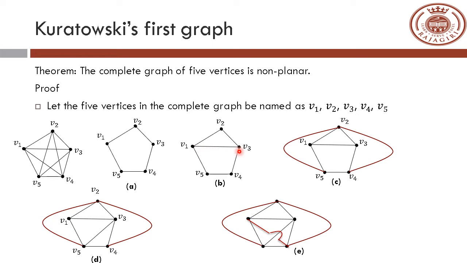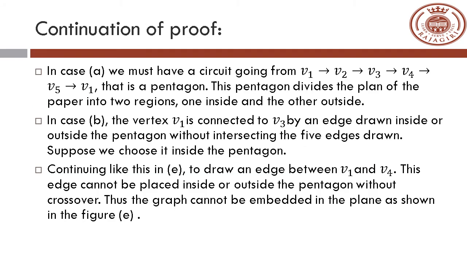Continuing like this, in E, to draw an edge between V1 and V4, this edge cannot be placed inside or outside the pentagon without crossover. Thus, the graph cannot be embedded in a plane as shown in figure E. Therefore, Kuratowski's first graph is non-planar. The proof is given in this slide.